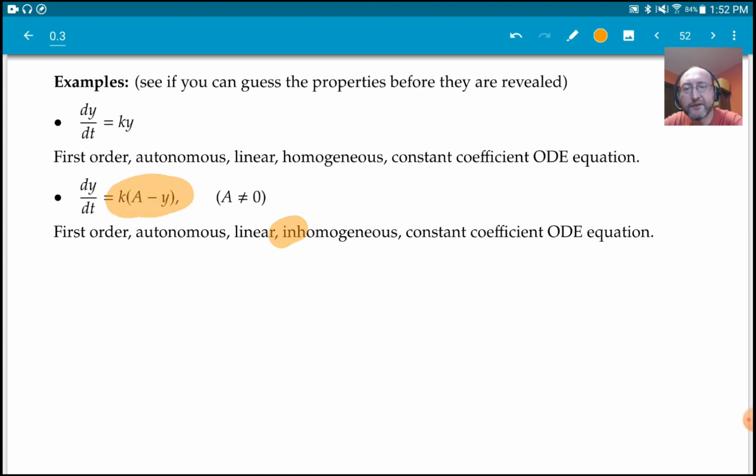Well, think about how you would expand this. So it would be k times a minus k times y. Now the k times y, that's fine. The dy dt, that's fine. But the k times a is a constant, right? So that is something that's not dependent on the dependent variable, right?